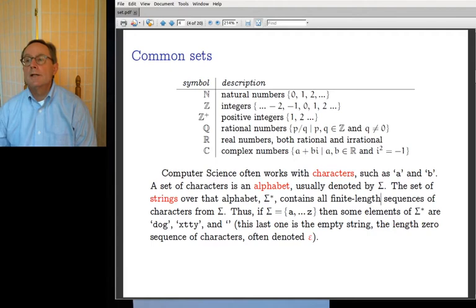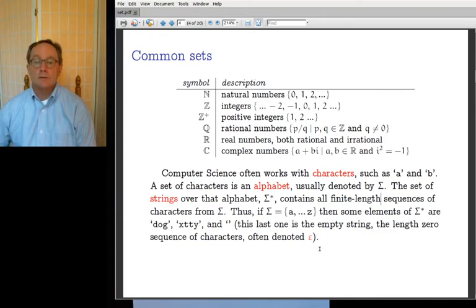In computer science, you often deal with characters such as a or b. A set of characters is called an alphabet and usually denoted with the letter capital sigma. The set of strings over that alphabet, capital sigma star, that's called the Kleene star, contains all finite length sequences of characters from sigma.